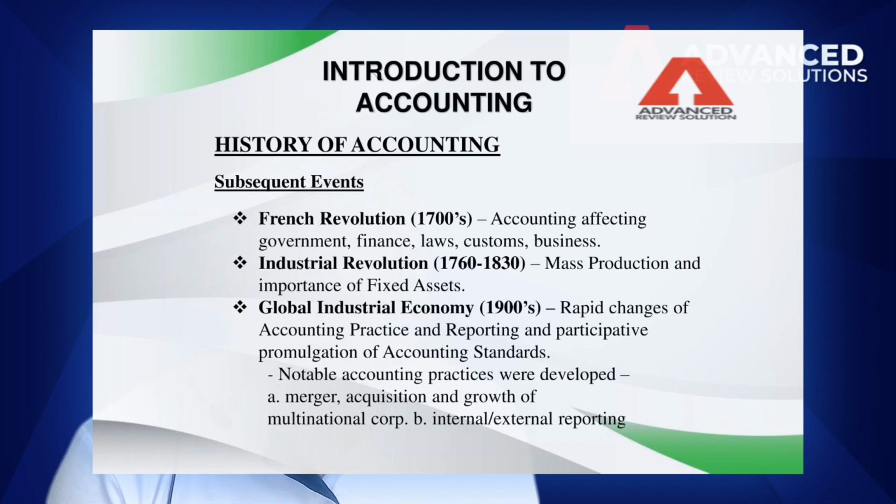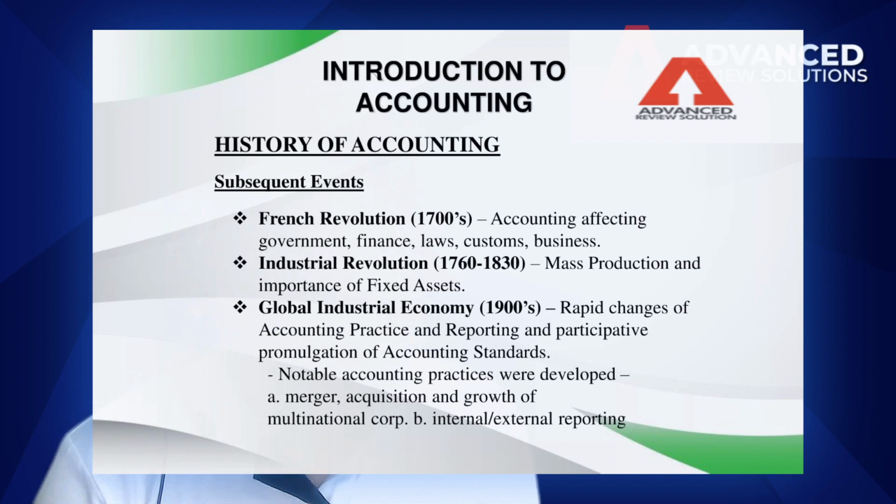There would be government accounting at that time. There would also be finance, the involvement of financial management. There are also laws, so the law of obligations and contracts, di ba? Yan yung tinatawag ngayon. And also there would be customs, particularly for business.